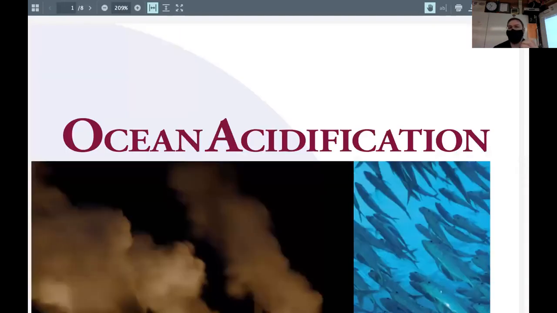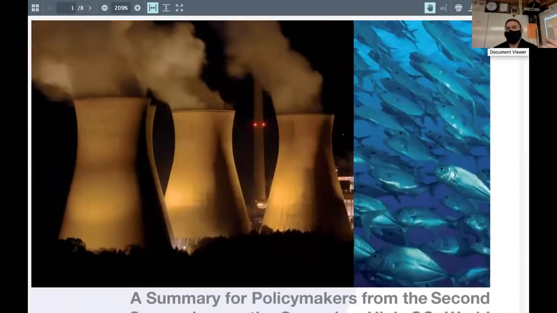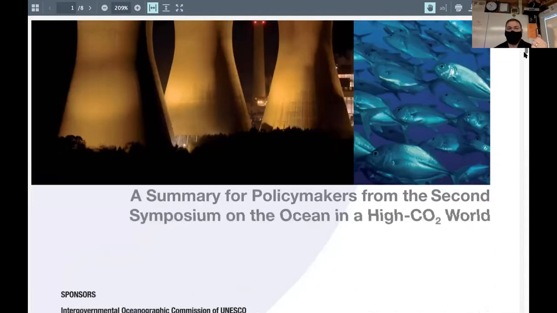about the role that carbon dioxide in our atmosphere plays in understanding ocean resources.